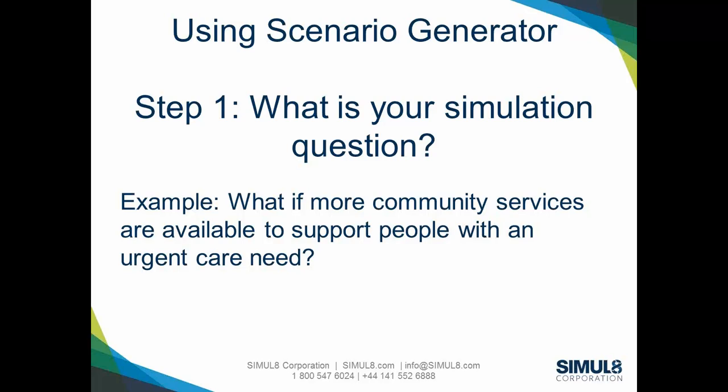So define your question first, and the one that I'm going to use as we go through this process is to look at what happens if more community services are available to support people with an urgent care need, and this is prior to an emergency admission. So it's actually a very, very simple simulation we're going to do, really just as an example of how you might use it.